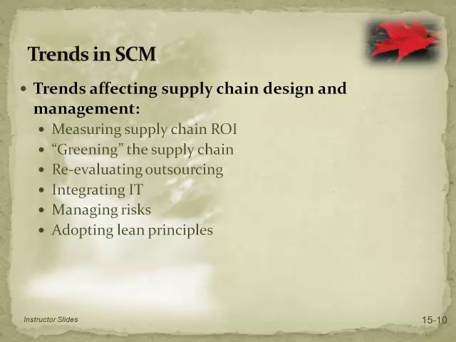If one element of the supply chain is not doing well, it's going to hurt the entire supply chain. So you've heard the old saying before that a chain is only as strong as its weakest link. And that's also true in supply chains. So the health of the overall supply chain is very important.